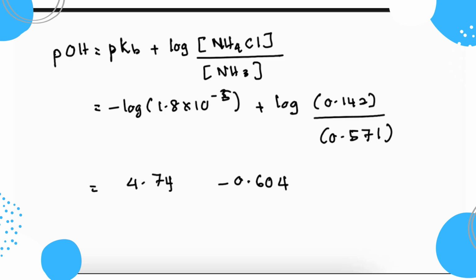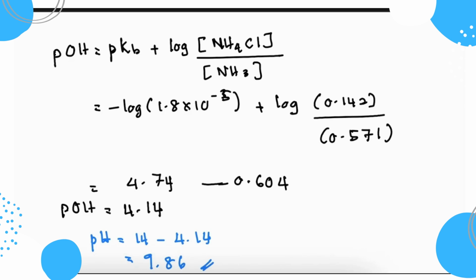This is the pOH. The pOH is 4.14. Now we want to calculate the pH. pH is 14 minus 4.14, which is 9.86. So this is the pH of the solution.